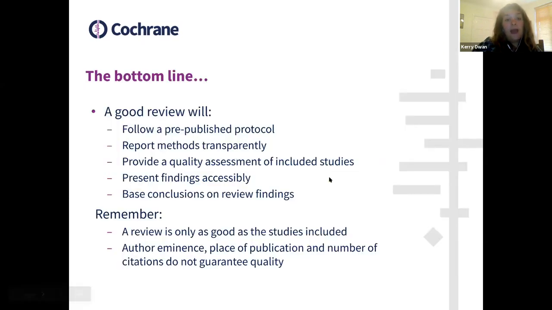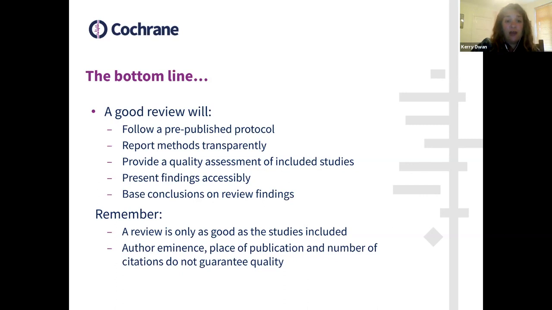And then just going back to Rebecca's slide about a good review, no matter the type of review, whether it includes network meta-analysis, whether it's diagnostic test accuracy, whether it's a prognostic review, they should all follow a pre-published protocol. And with Cochrane, these are published on the Cochrane Library. It should report the methods transparently.